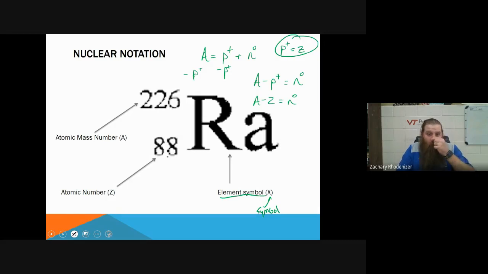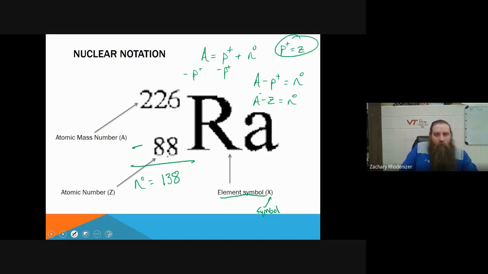The protons equal the atomic number. But we don't usually do the Z because it looks like a 2. Anyway, they've already set it up for you. 226 minus 88. So if I want to know how many neutrons there are, I just subtract that and I get 138. Yes, 138 neutrons.